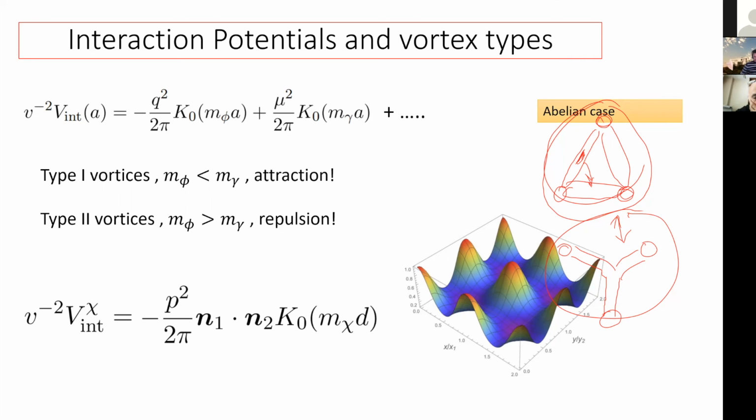Kappa is the mass of the Higgs field divided by the mass of the A field. If the mass of the Higgs field is smaller, then you have type 1. You do not have a lattice. A lattice doesn't exist in type 1 because all vortices will coalesce into one large flux. And in type 2, you have lattices. Thanks a lot.